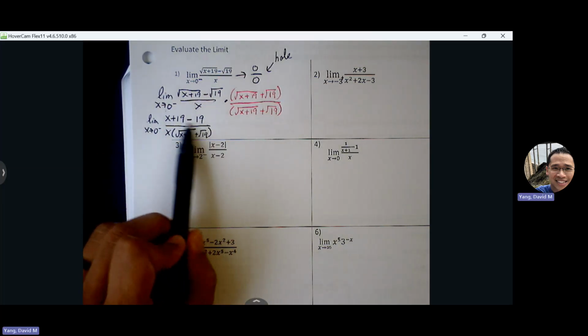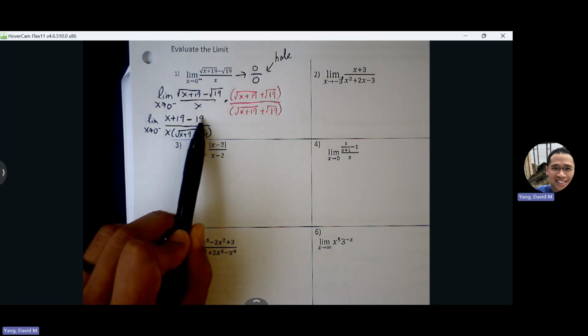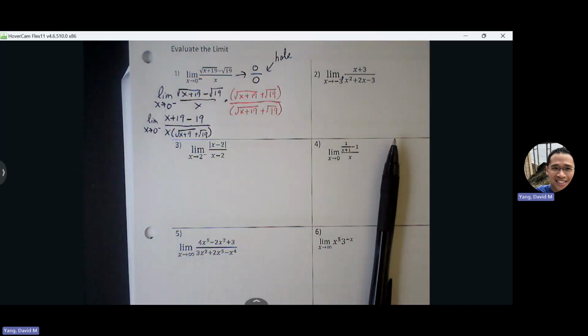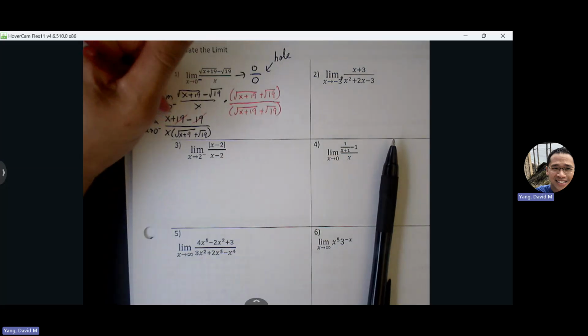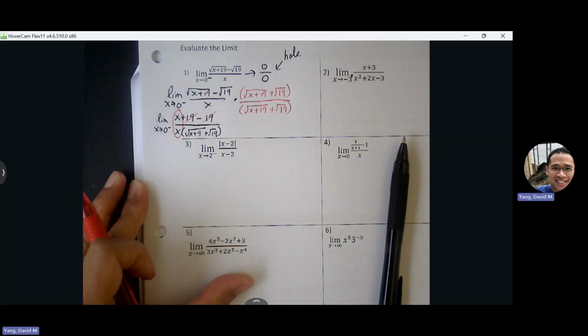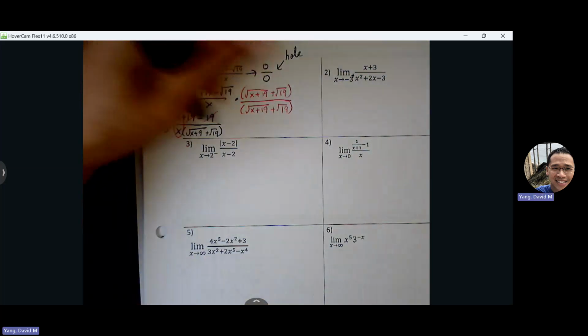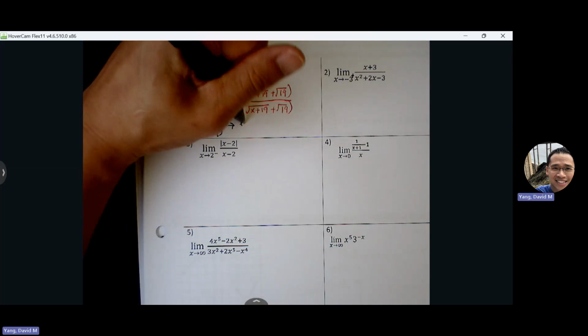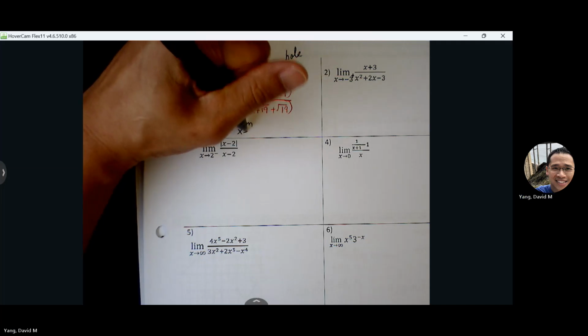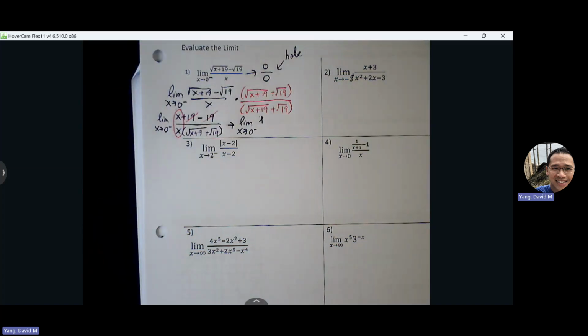Okay. What's left in the numerator? Just x, right? The 19 minus 19 goes away. That's perfect. That's exactly what we want. We want there to be a matching pair for us to remove. And then once we remove the x, then we can do our final limit evaluation. What's left in the numerator after everything cancels out? Just 1.